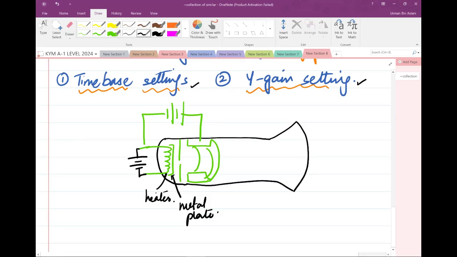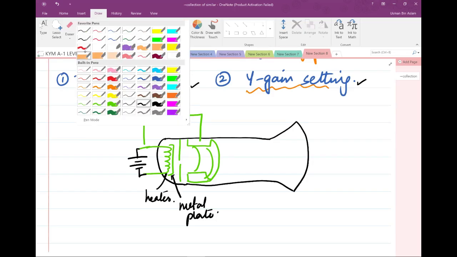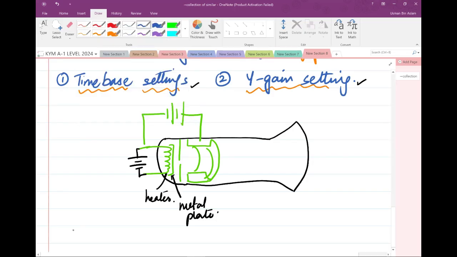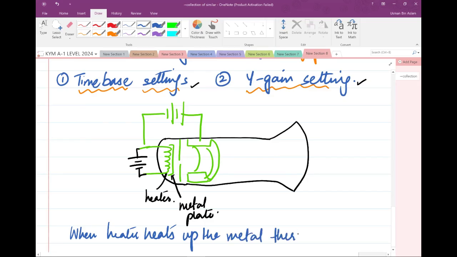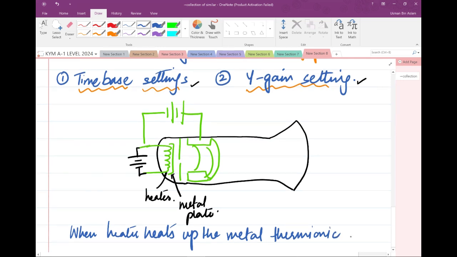When the metal plate is heated, thermionic emission takes place. I'm going to write that down for you. When the heater heats up the metal, thermionic emission takes place.